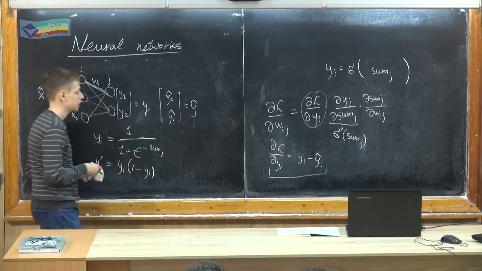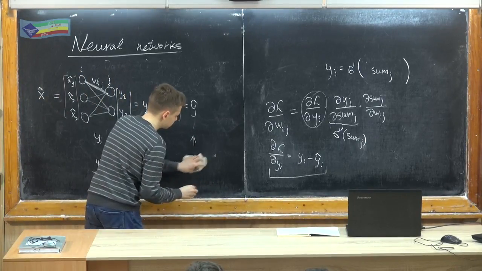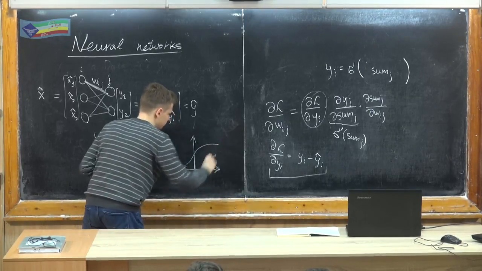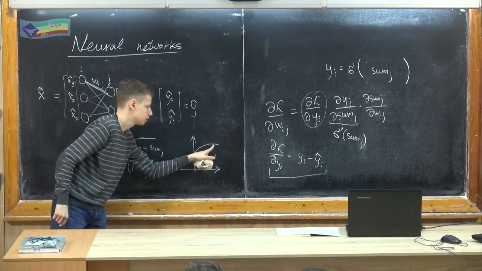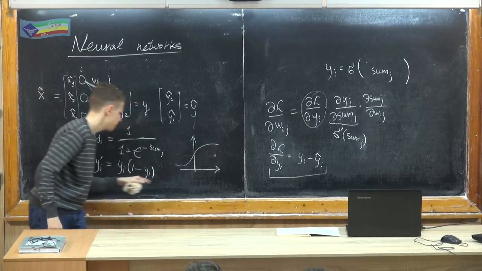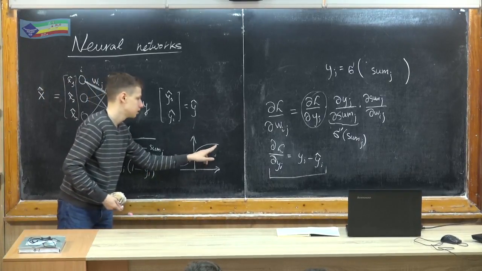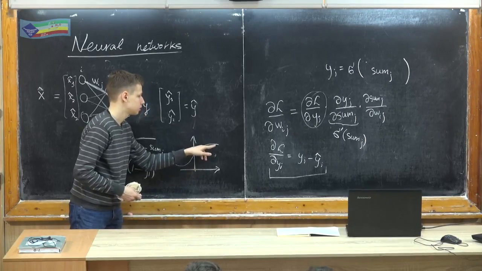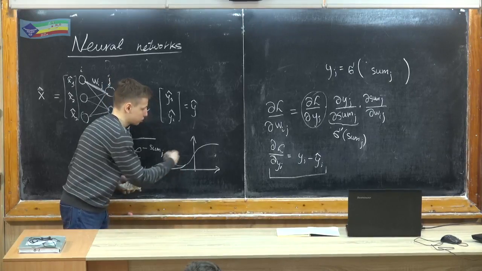And that's understandable because if we look at the graph of the sigmoid function, we can see that if its value is equal to 0 or 1, then this expression is converging to 0, the function becomes steeper and steeper, and its derivative is close to 0.